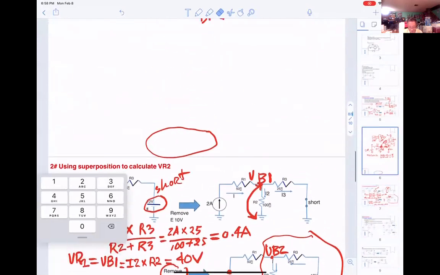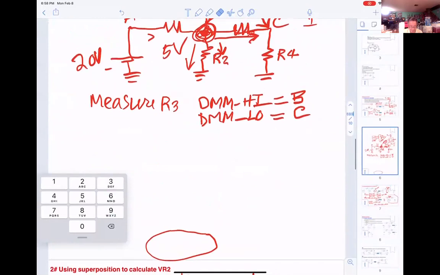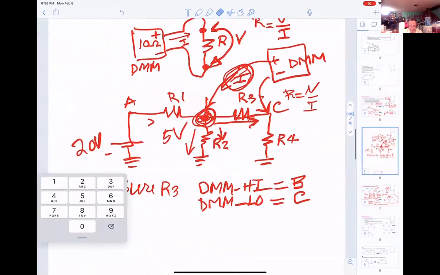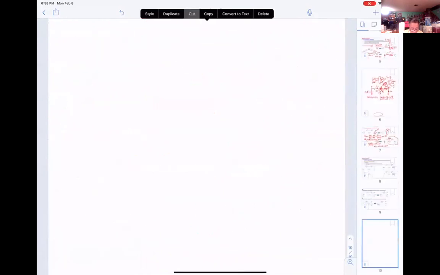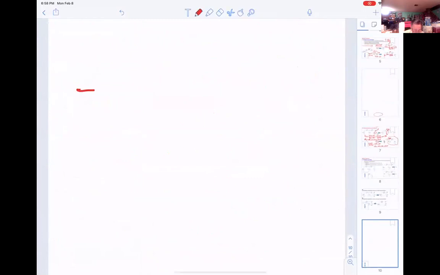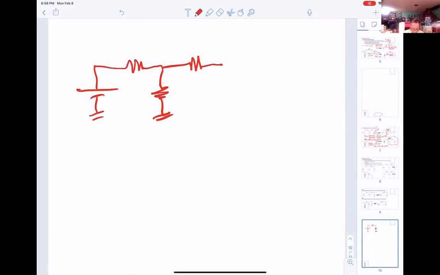Okay, before we go to Thevenin, I want to show you a few things here to help you understand. Okay, now if you get the circuitry this way, one, two, three, four.